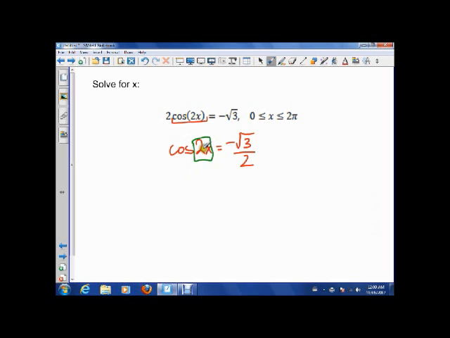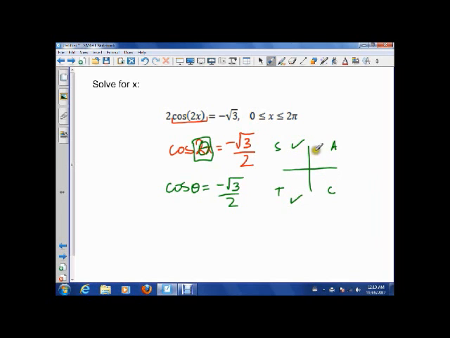Now, the problem here is that we've got 2x in there. Okay, so for now, let's just call that guy theta. Okay, so let's solve the equation cos theta is -√3 over 2. Okay, so we know from our special values, right? So there's C, A, S, T. Cos is negative here and here.